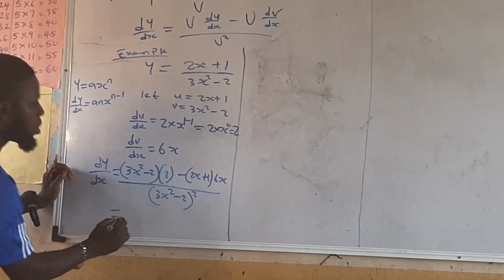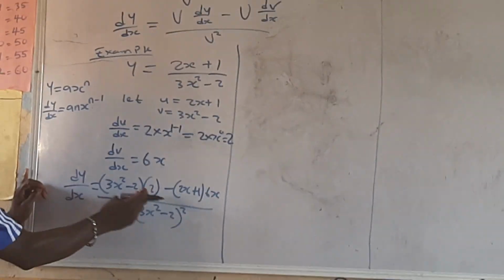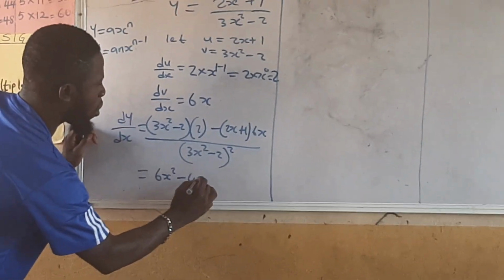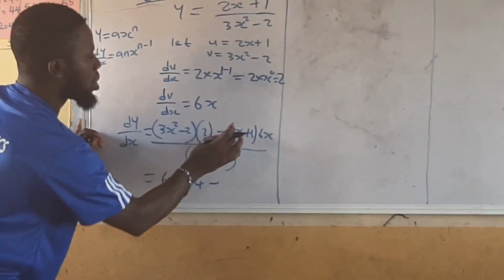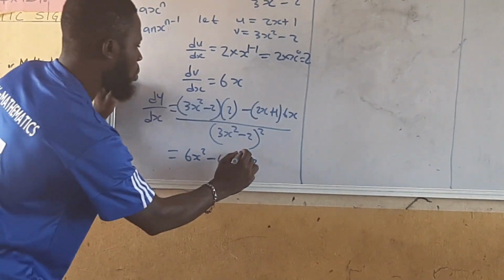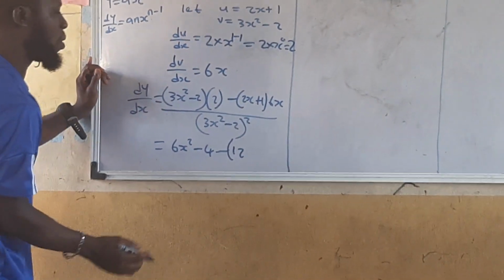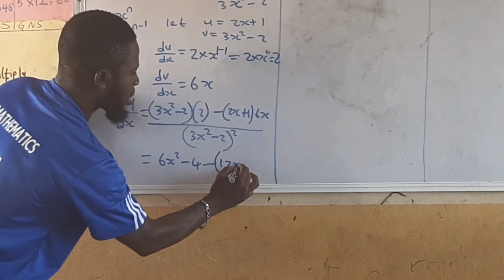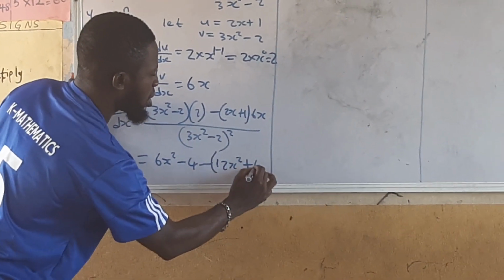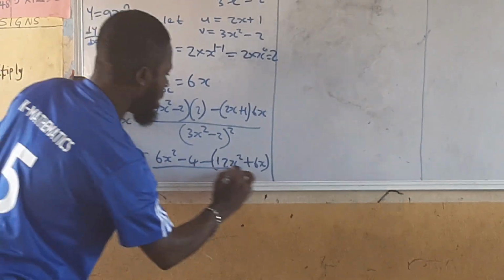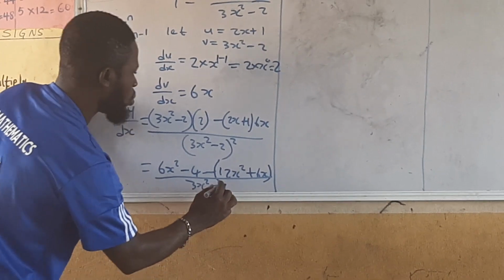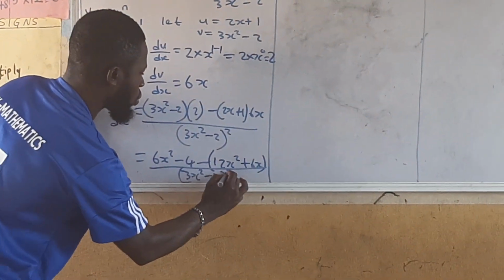So you can decide to open up the bracket. 2 times that will give us 6x squared minus 4, then minus 6x times this will give you 12. So let me put that minus in bracket, that's minus 12x squared, then plus 6x, everything over 3x squared minus 2, all squared.